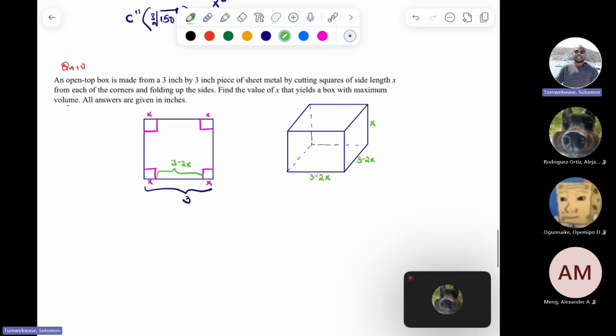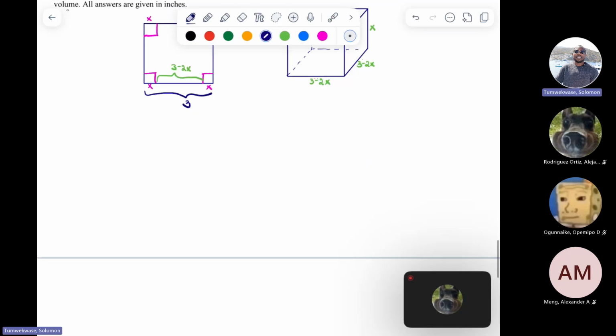Now we are interested in the volume, and we know the volume of a box is length times width times height, and this is x times 3 minus 2x times 3 minus 2x.